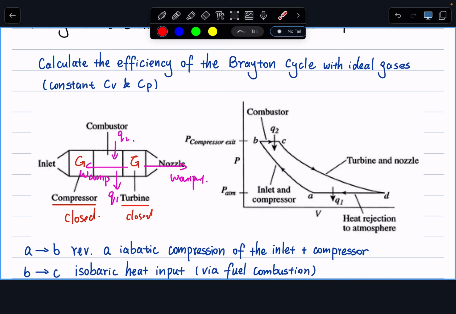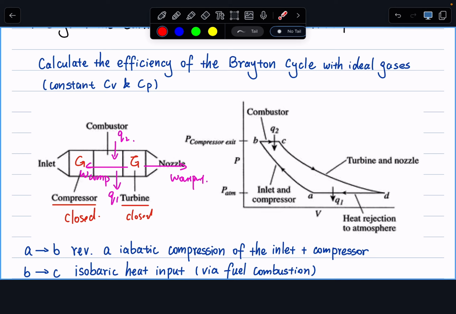All right? And then we know what this expression gives us. My work output total equals Q1 plus Q2 equals Cp times TA minus TD plus TC minus TB. That's our work total.